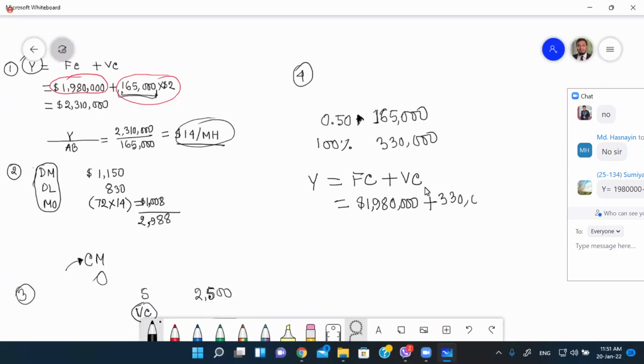It should be 330,000 multiplied by 2. Same. So in that case, what would be my estimated total overhead? Someone has written it down for me, thanks. It should be 2.64 million.